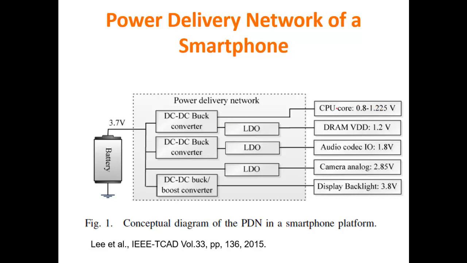But then, for the DRAM, you need to do the same thing, but you also need an additional block which is called an LDO, which means low dropout circuit, and is a linear regulator.